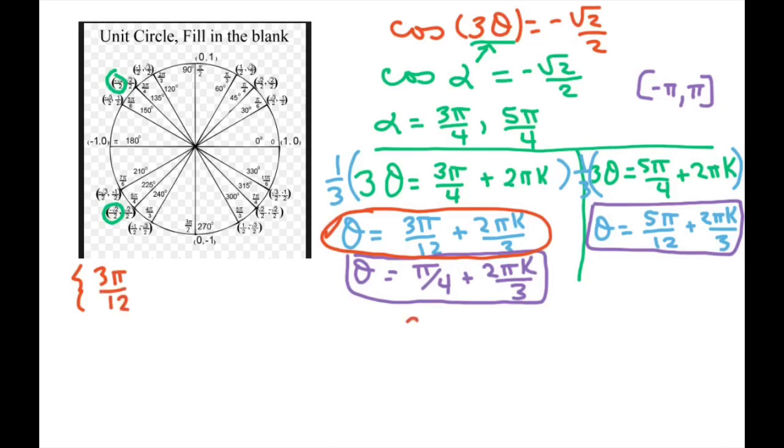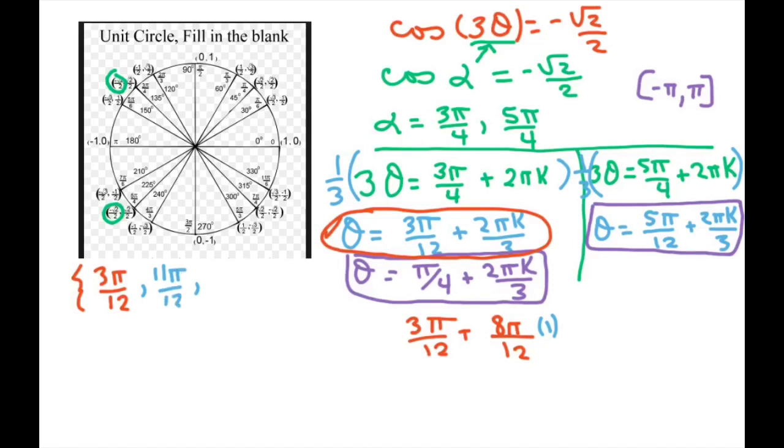And to add 3 pi over 12 plus 2 pi over 3, I need a common denominator, so this is going to be 8 pi over 12. Let's just add these up. If I add 3 pi plus 8 pi, that would be if k is 1, and that would be 11 pi over 12.